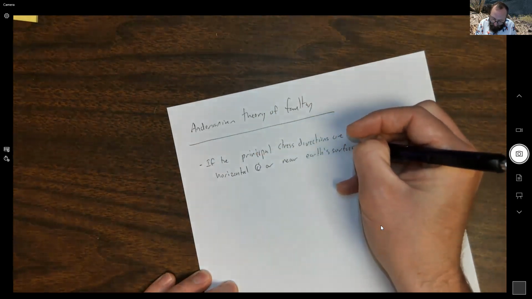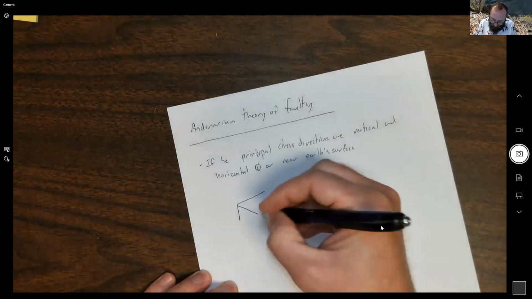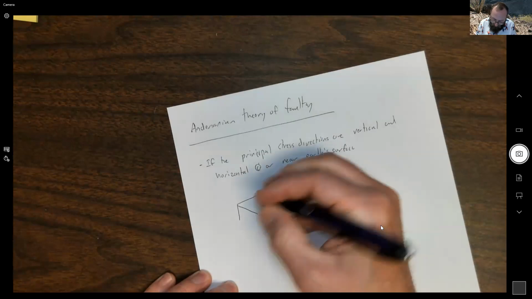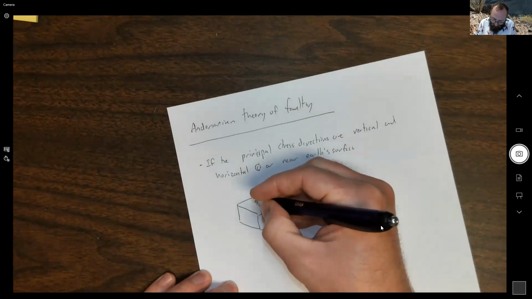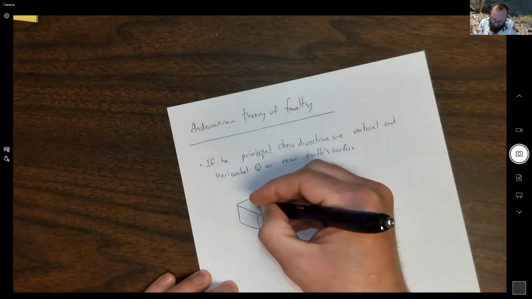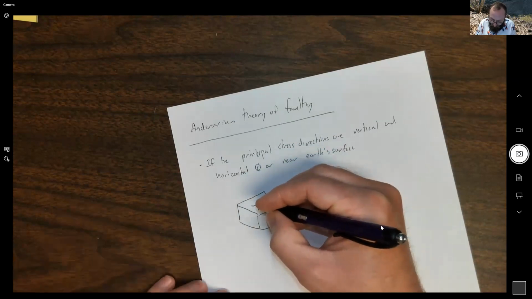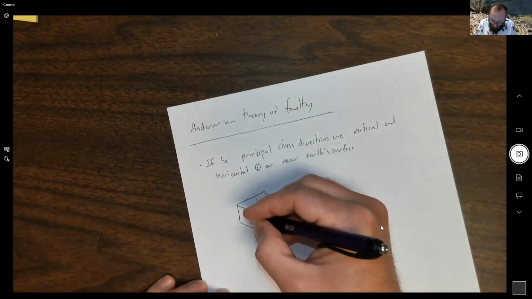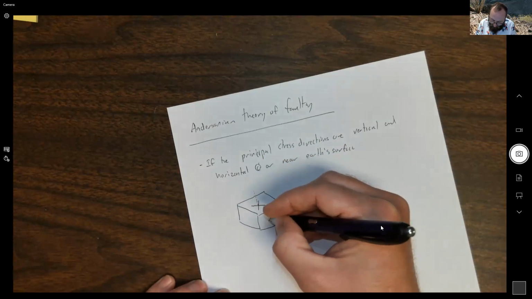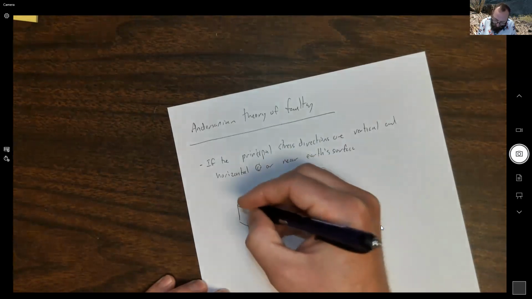And what that means is simply that if we look at a cube of Earth here, the axes of stress are contained within the horizontal plane and are oriented perfectly vertical. Say we had two of our axes in the cross-sectional plane and one coming in and out of the page like that.